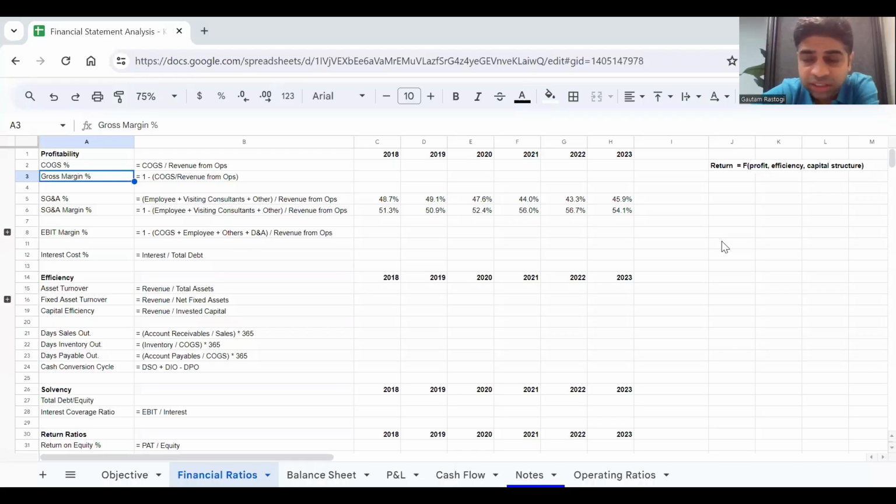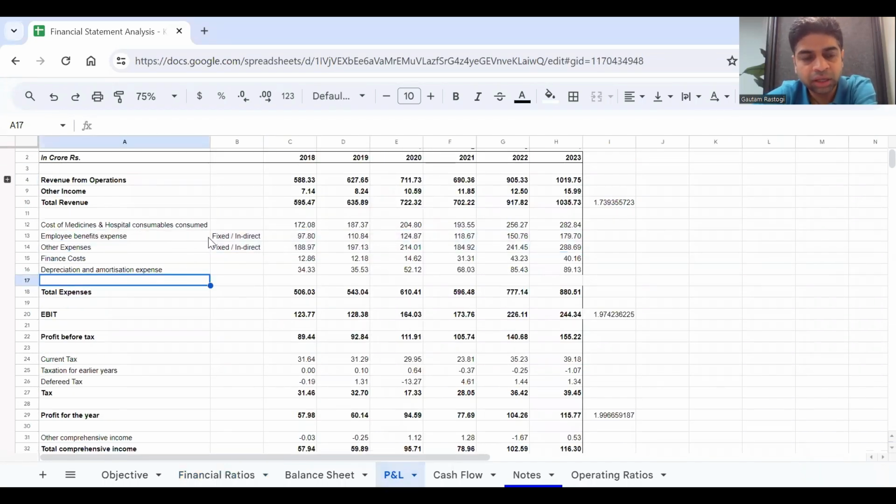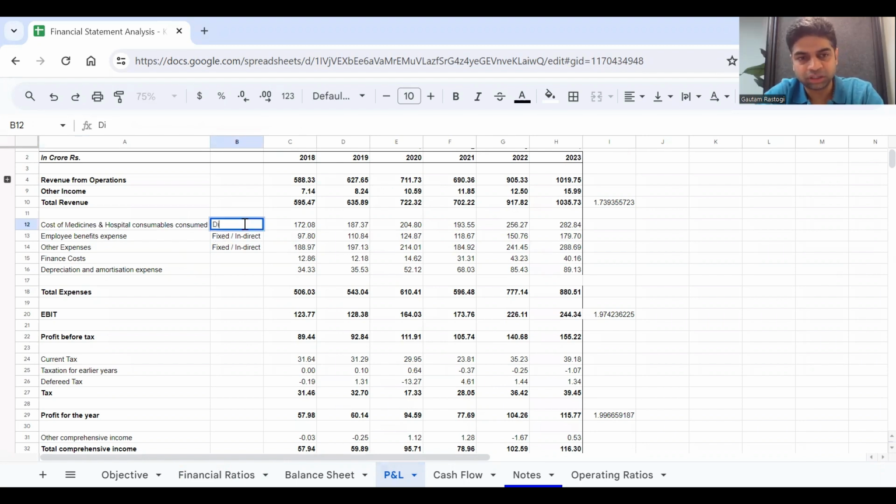Now let's talk about gross margin. Let's go to the P&L again. What is a direct cost? The cost of medicine and hospital consumables is a direct cost.